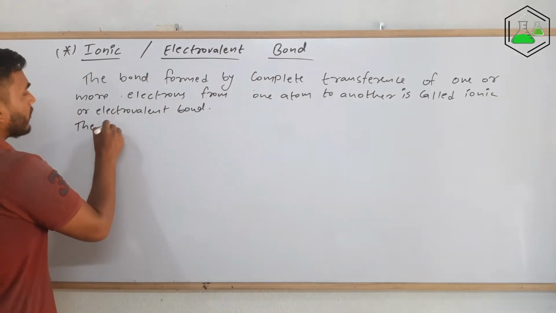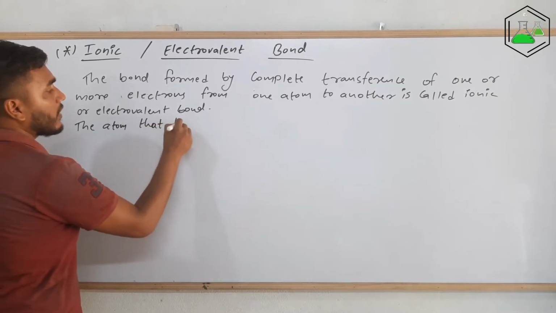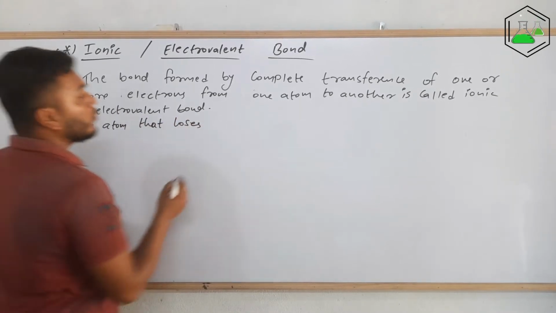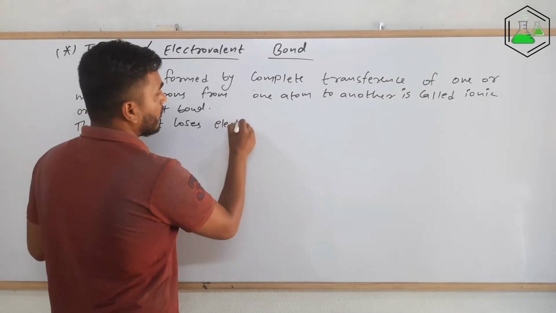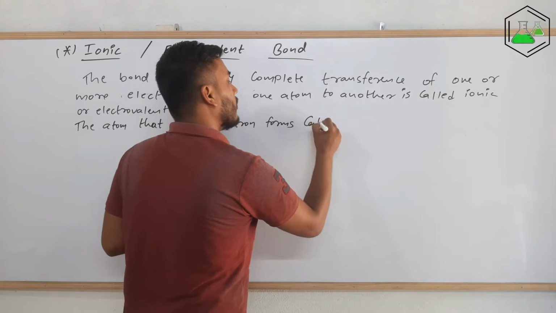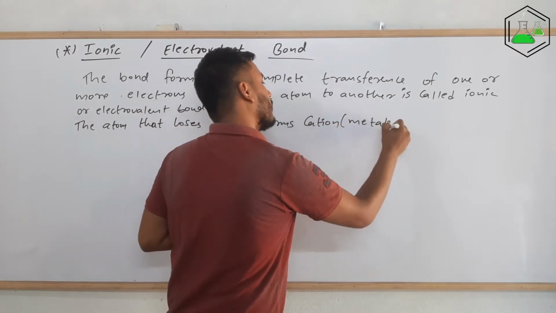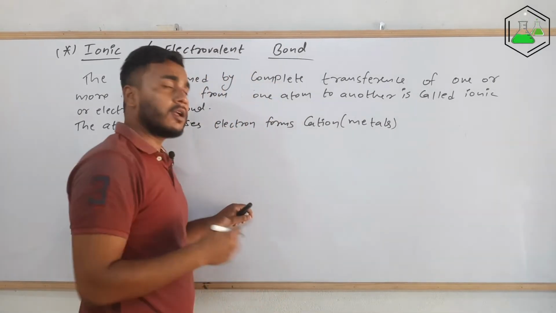The atom that loses electron forms cation. And generally metals lose electron. They have high tendency to lose the electron.